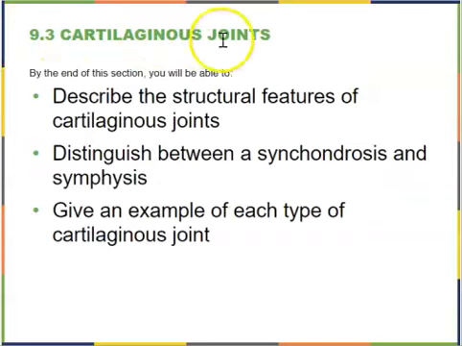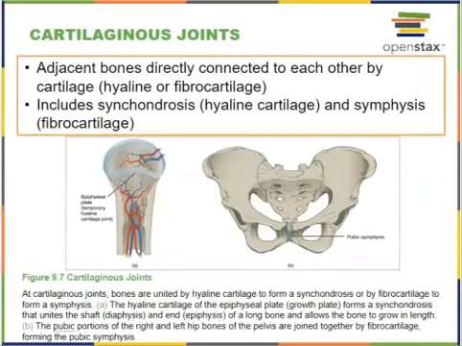Chapter 9.3 Cartilaginous Joints. By the end of this section, you will be able to describe the structural features of the cartilaginous joints, distinguish between a synchondrosis and a symphysis, and give an example of each type of cartilaginous joint. Cartilaginous joints are joints where the adjacent bones are directly connected to each other via cartilage, and that cartilage can be hyaline cartilage or fibrocartilage dependent upon the location.